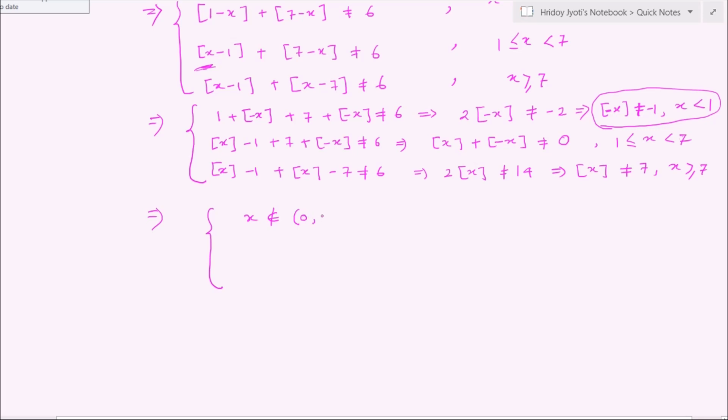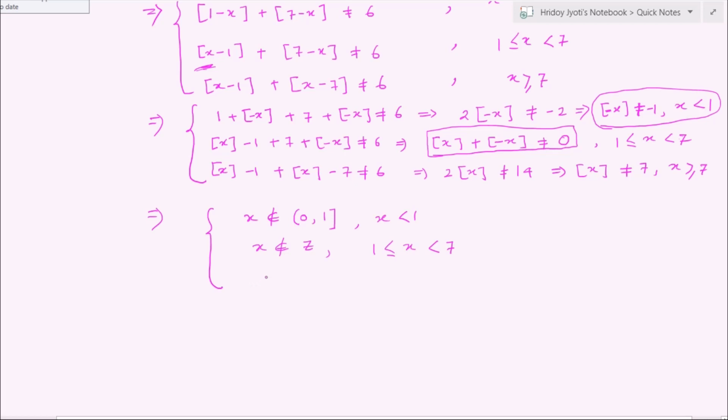X should not belong to 0 to 1. And obviously this one is included here. And for this, GIF of x plus GIF of minus x not equal to 0 means x should not be an integer when x is lying between 1 and 7.